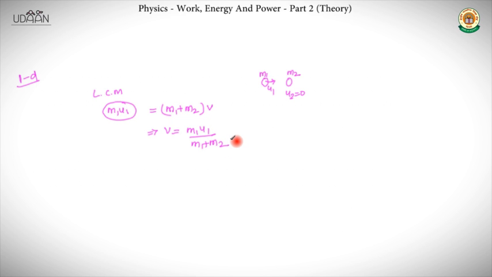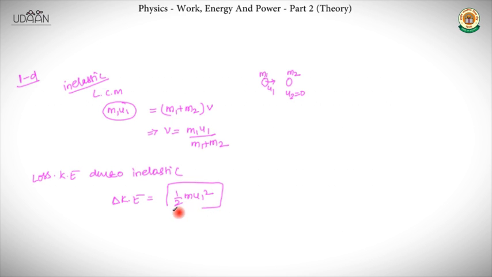So we can also get the loss in kinetic energy due to the inelastic collision. Delta KE is equal to half m1 u1 square, which is the initial kinetic energy of the system, minus half into (m1 plus m2) into v square.